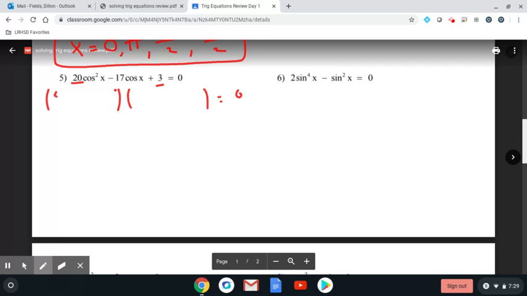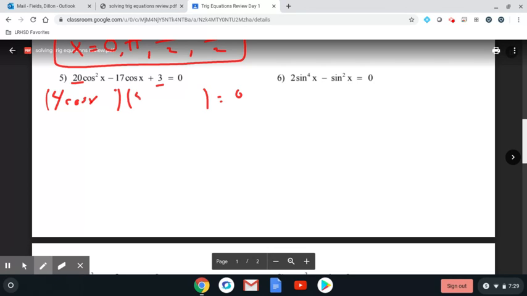4 times cosine. I don't know why this is not working. Hold on. All right, let's try this again. So you're going to have 4 times cosine of x.